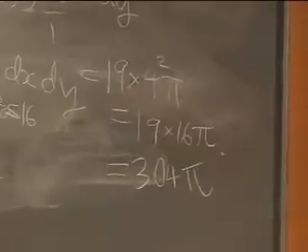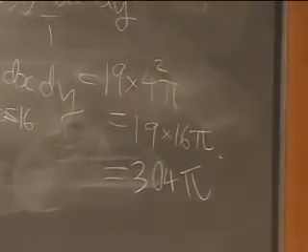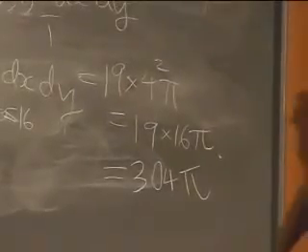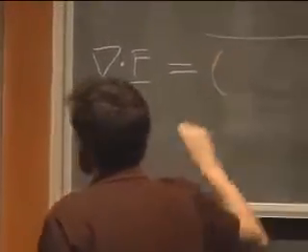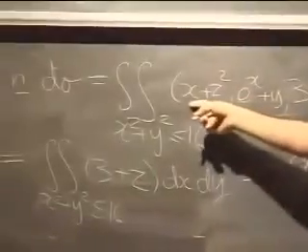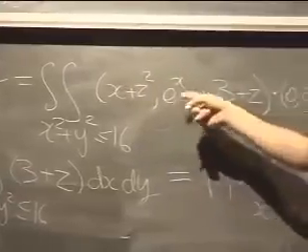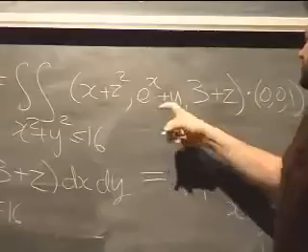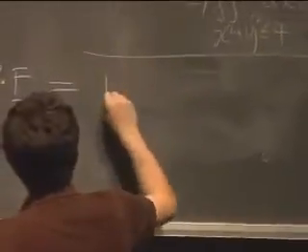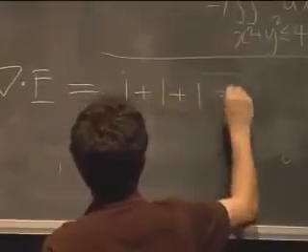All right, we still have one more piece to do. We have to do the divergence piece. So we're going to come back to this vector field F over here and compute the divergence. Div F is, you take the x coordinate over here and take the x derivative plus the y derivative plus the z derivative. The x derivative is 1, the y derivative is 1, and the z derivative is 1. So it's basically 1 plus 1 plus 1, which is 3.